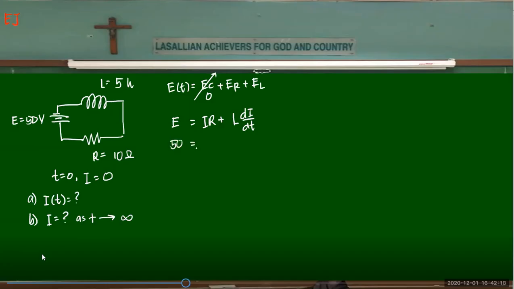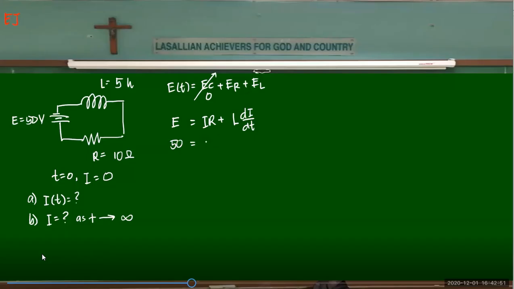Yes. Is 5 Henry all the time 5 Henry? Yes. Is the 10 ohms all the time 10 ohms? Yes. The current changes, since 10 amperes is only at a particular time. But the inductor would have a constant value, and the resistor would have a constant value.